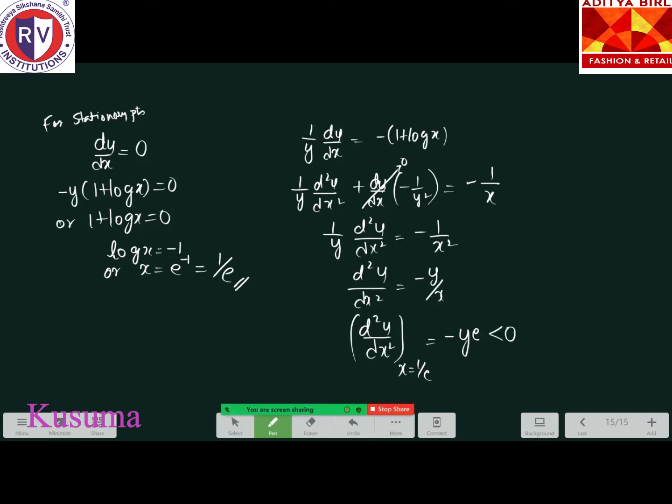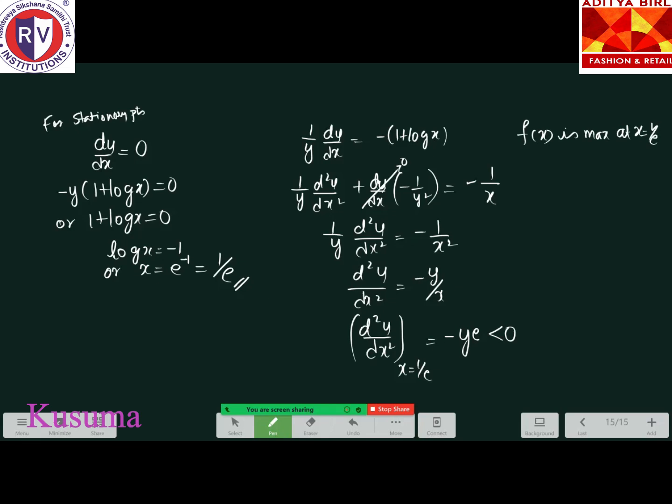This is less than 0. It is a negative value, right? So at x is equal to 1 by e, f of x is maximum. That is because the second derivative is less than 0. F of x is maximum at the stationary point. F of x is maximum at x is equal to 1 by e.